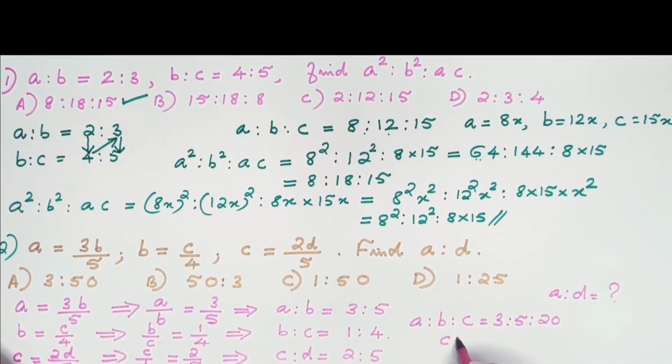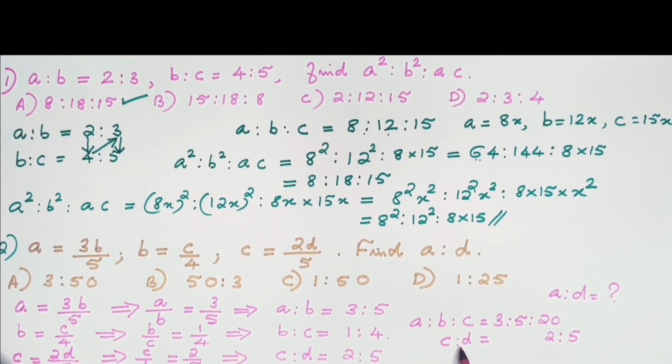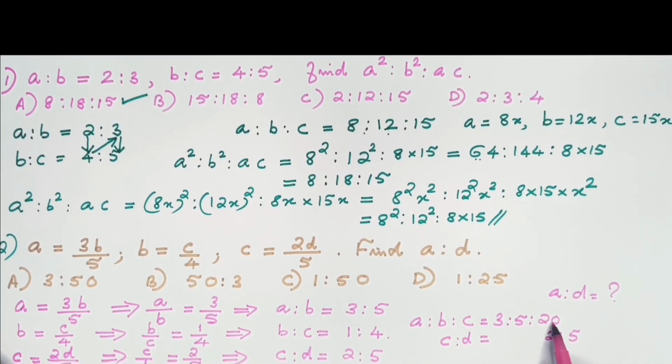Now C is to D, 2 is to 5. See, we are combining this ratio with 3 terms with another ratio with the 2 terms. You can see the term C being common, but here they are different. In the first ratio, C is 20. In the second one, 2. We will equalize them.